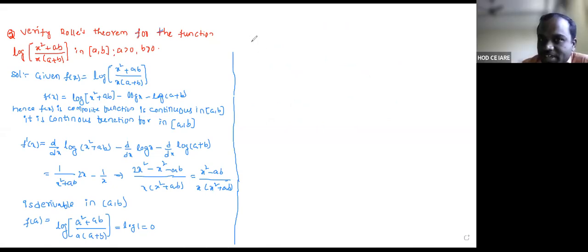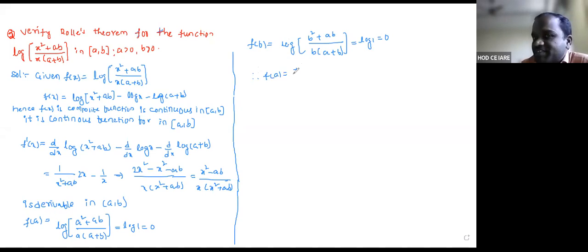f of b is equal to log of b square plus ab by b into a plus b. So this value is also 1, log 1, so that is equal to 0. Therefore, f of a is equal to f of b.